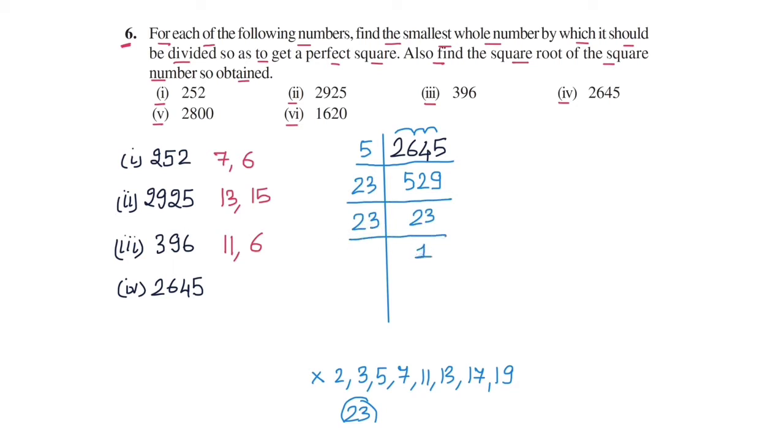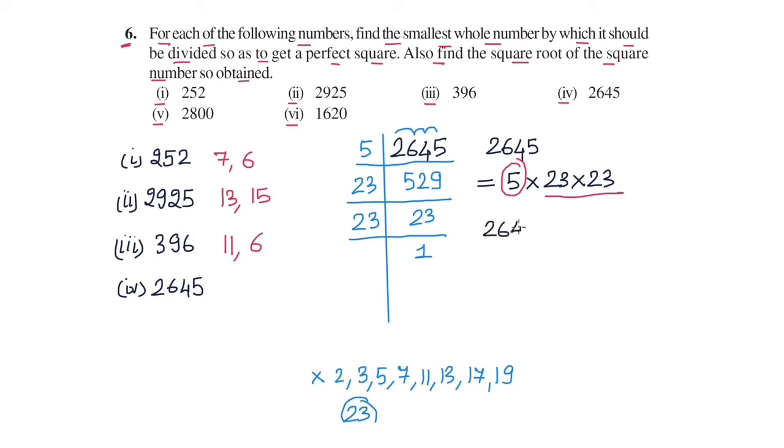Right? So what was our next step? We will write all the factors of 2645. So all the factors are 5 into 23 into 23. Now we are going to find the pairs. We will see that 23 is in a pair but 5 is unpaired. So what can we do?